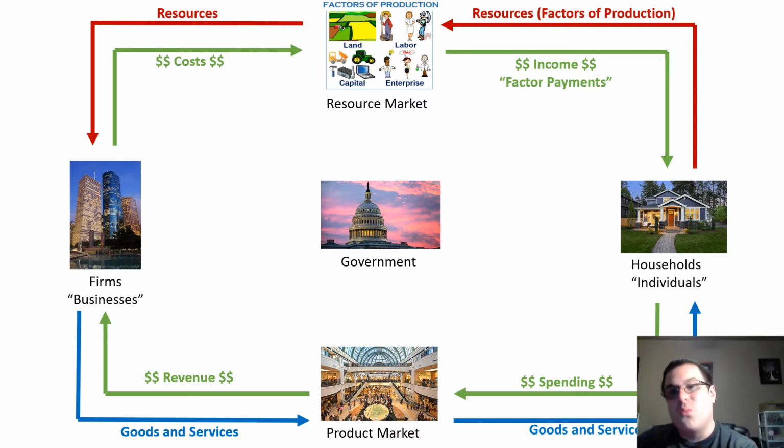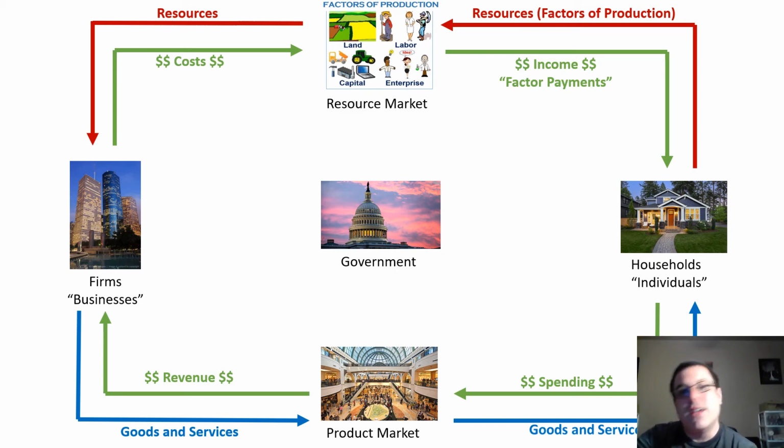Now the question is, where do they get the resources? Individuals. They're going to need workers. They're going to have to hire people from households in order to work in their factories, to work in their stores, to be their cashier, to be their manufacturing guy, to be their general manager. And they're not just going to take people off the street and throw them in and say, hey, you're going to do this job.